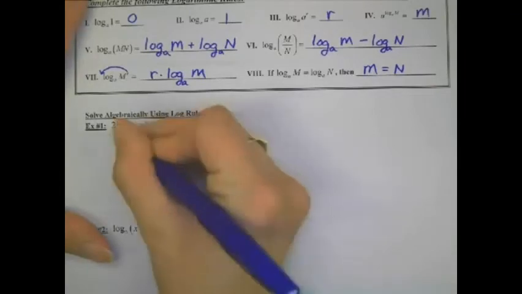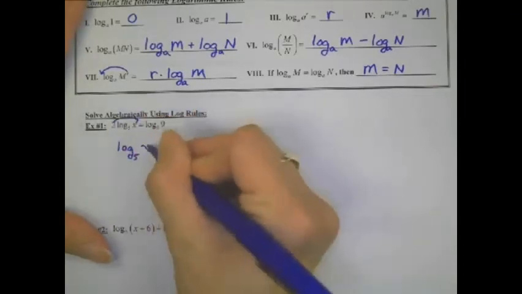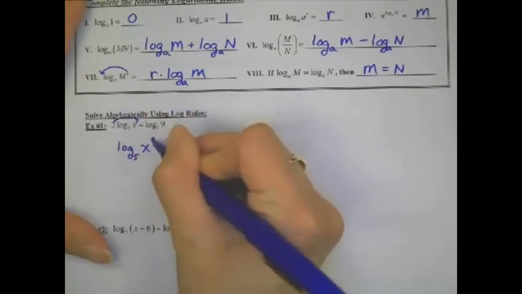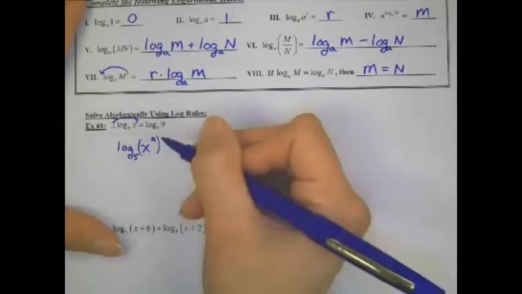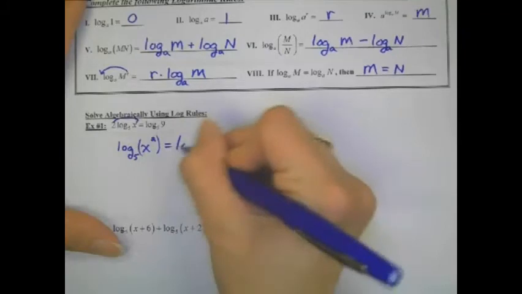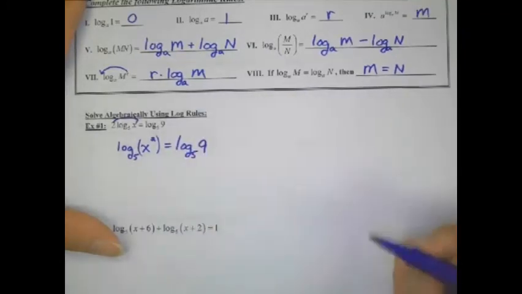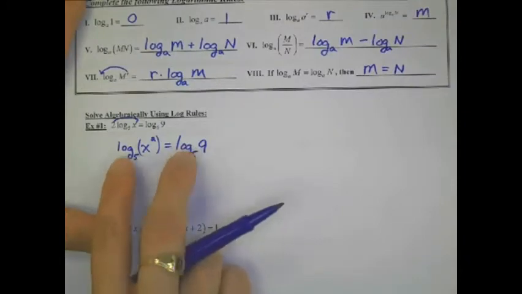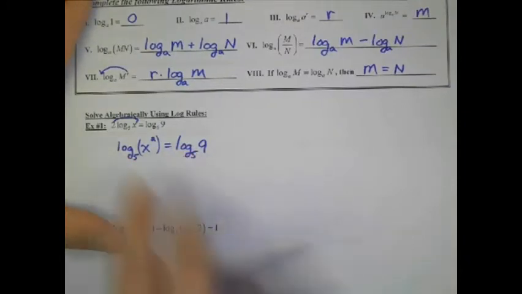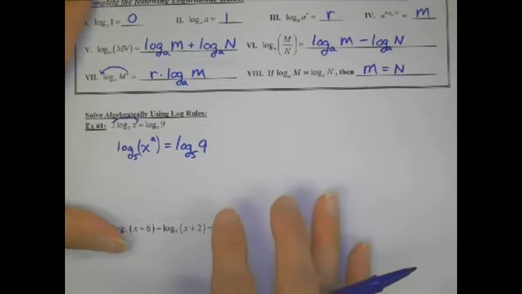Log base 5, and I'll bring it up here, and now it's x squared. It becomes a power on the of. If you want to use parentheses, you can do that. It belongs to x. Equals log base 5 of 9. Okay, now I have a log equaling a log. When you have two logs that are equal, you don't do a log circle.